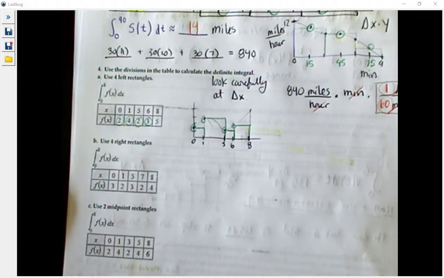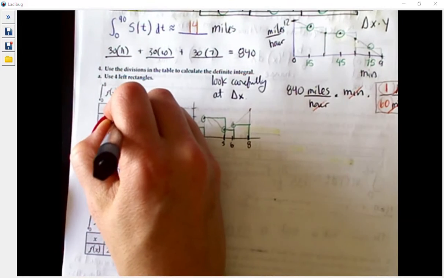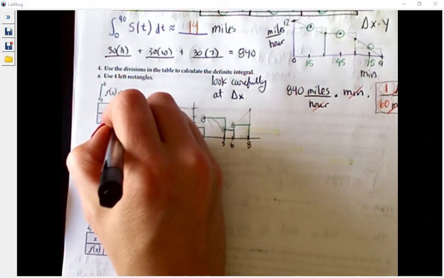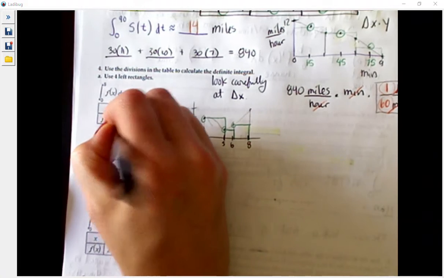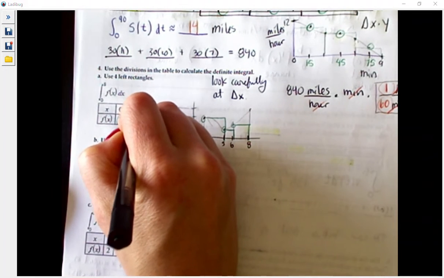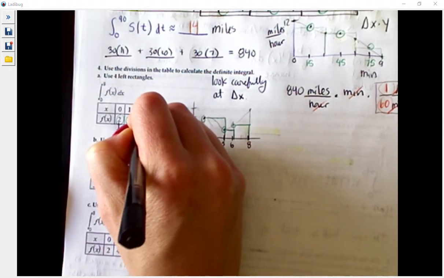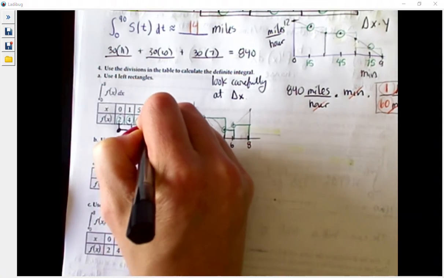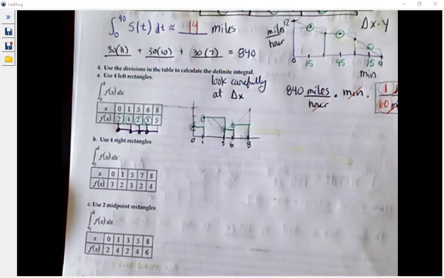Okay, and then I'm going to sort of make my rectangles. So we get this one left, okay. We get this one left, this one left, right? 4 left rectangles.